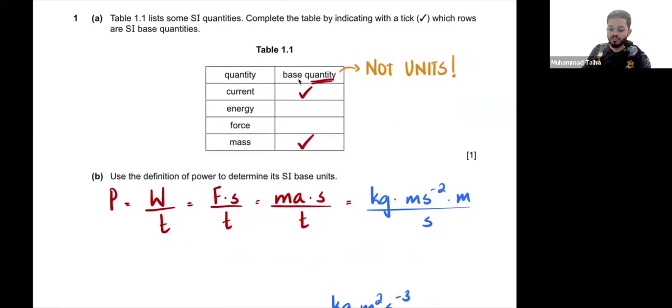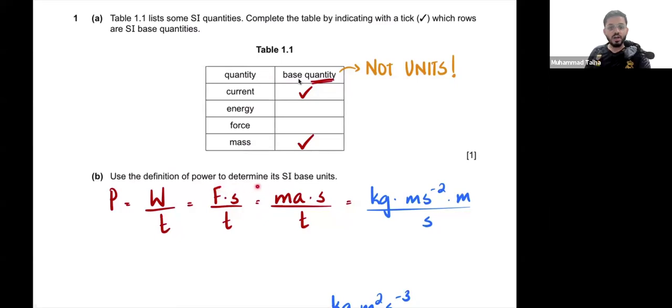So for example, if instead of energy, let's say maybe amperes was written, this is where I would not place a tick, right? Because that's a base unit, not a base quantity. Why I'm telling you this is because questions like these have come up in the past, and students do tend to make mistakes with those.